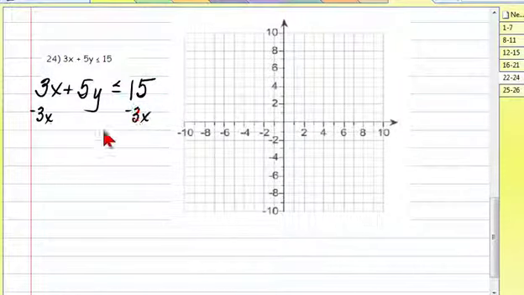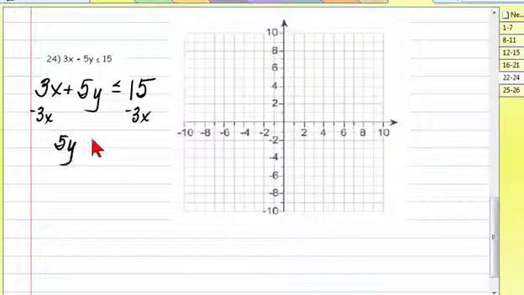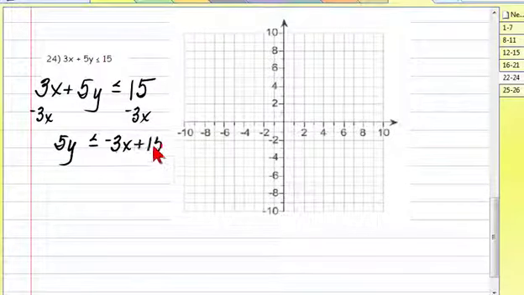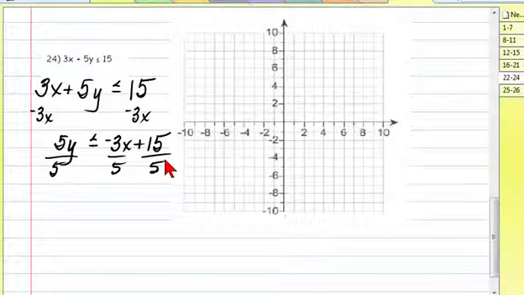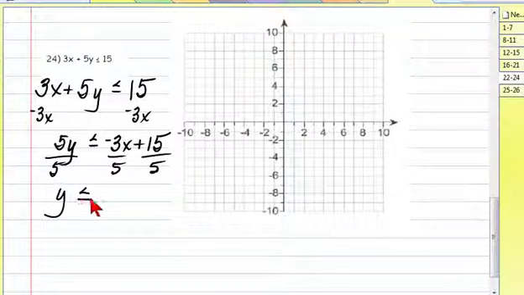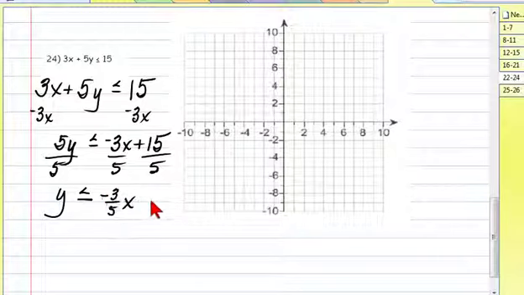That doesn't cause anything to happen. I have 5y less than or equal to -3x plus 15. Next step, divide by 5. Since I'm dividing by a positive, my symbol does not reverse, and I have y is less than or equal to -3/5 x plus 3.